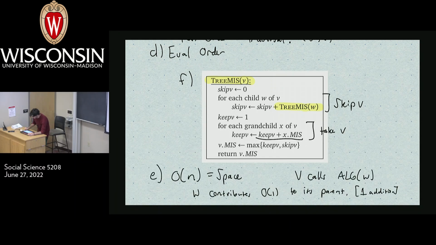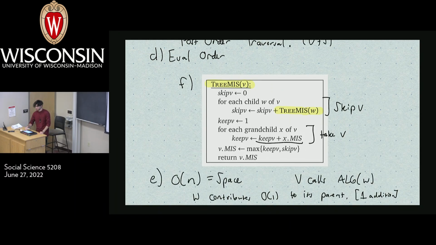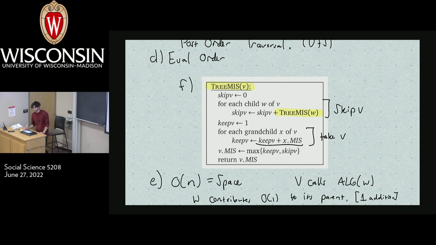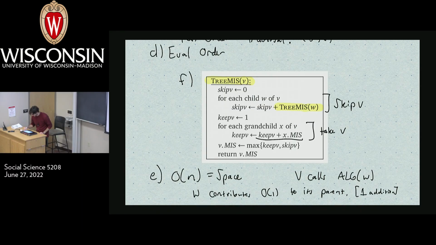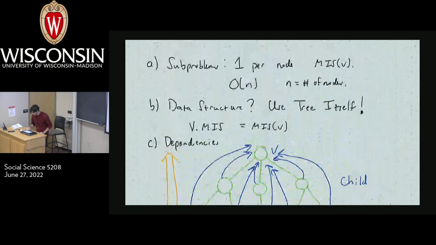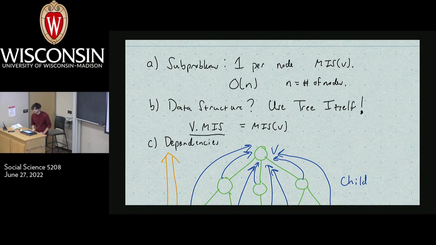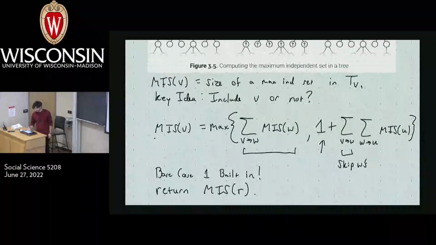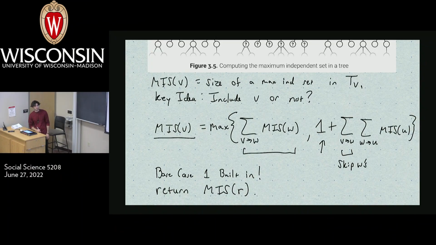Okay. So any questions on that? Yes. Would you want to elaborate on the condition x.MIS? Yeah, so we just added a new attribute to each node. So if you had a node class, you can just add an attribute to it. This is exactly the solution to this subproblem.